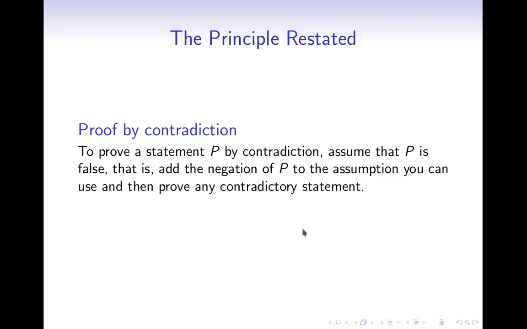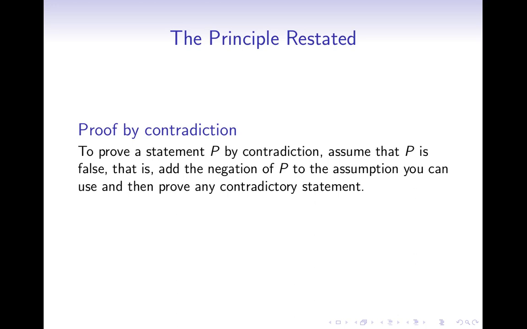Okay, so here's the principle restated in sort of general terms. If you want to prove a statement P by contradiction, you assume that P is false. So that means you're adding the negation of P, the statement that P is false, to your assumptions.